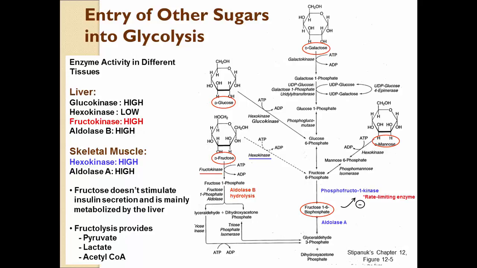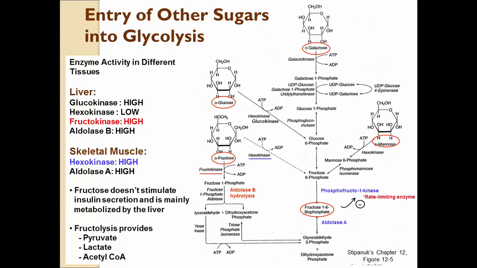These can all be converted to glyceraldehyde 3-phosphate, and then go through the rest of the glycolytic pathway, particularly the second stage of glycolysis. So the difference between fructose and glucose is only in the first stage, where the enzymes are also different.